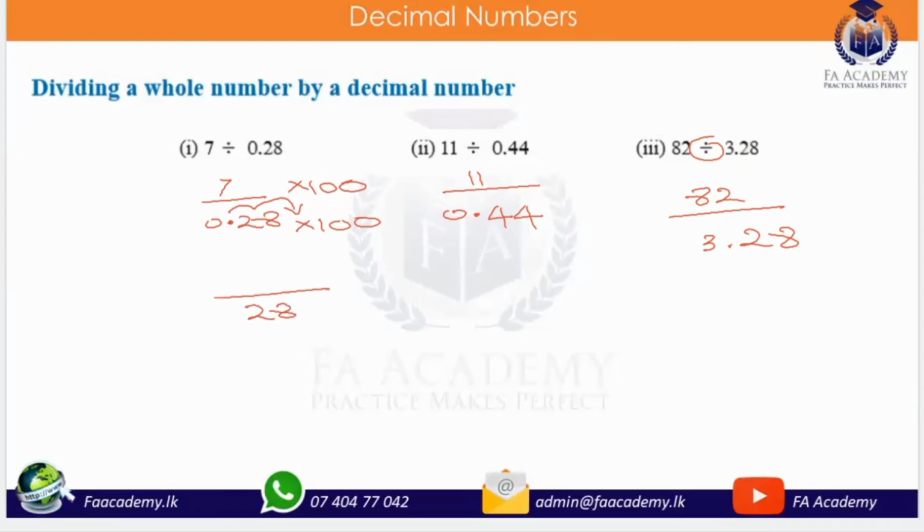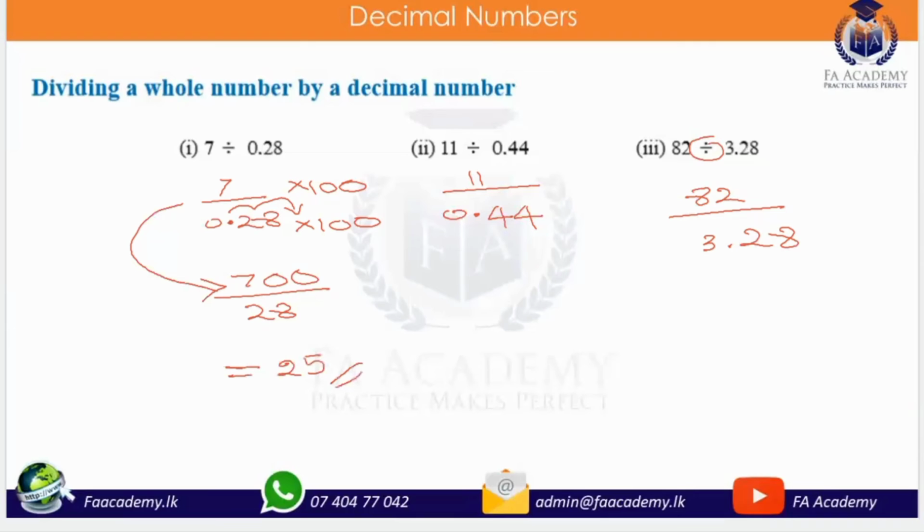On top, 7 into 100 becomes 700. So this fraction can be written another way as 700 divided by 28. Now you have two whole numbers for the numerator and denominator, so you can easily do a long division and check for the answer. When you divide 700 by 28, you easily get the answer 25.